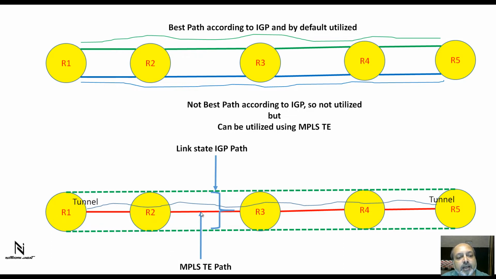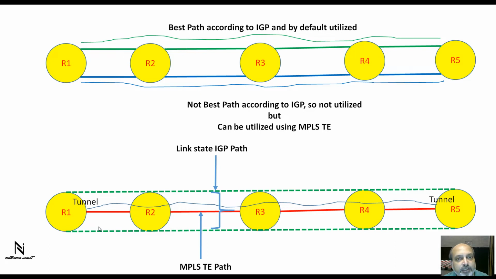Now this red line, I should have drawn it across through these routers. Anyway, forget that issue. These red lines, do not confuse them to be physical links. Once again, I repeat, I haven't drawn these red lines to represent physical links between these routers.